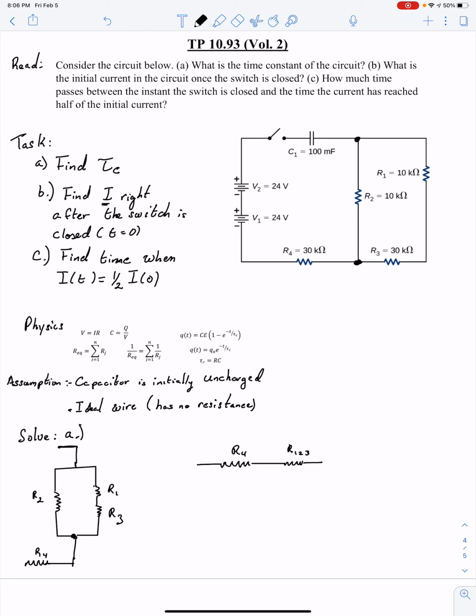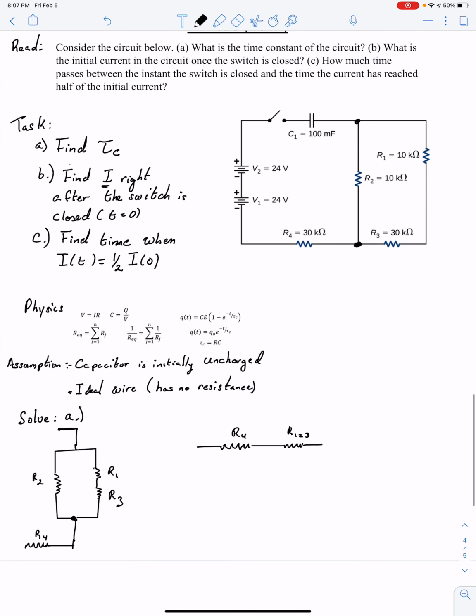We have to find the time constant. We have to find the current right after time is 0, meaning right after it closes. So we need to find out what the current is there. And then finally, we need to find the time when the current is half of its initial current when it started. Okay?